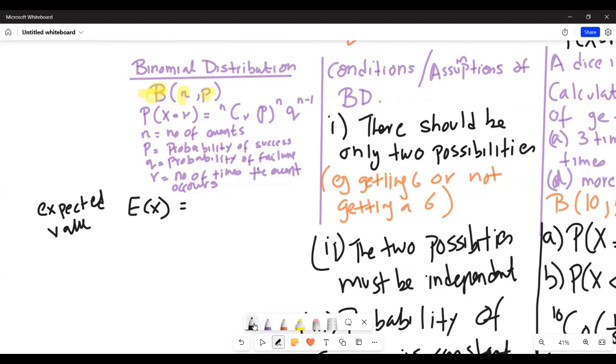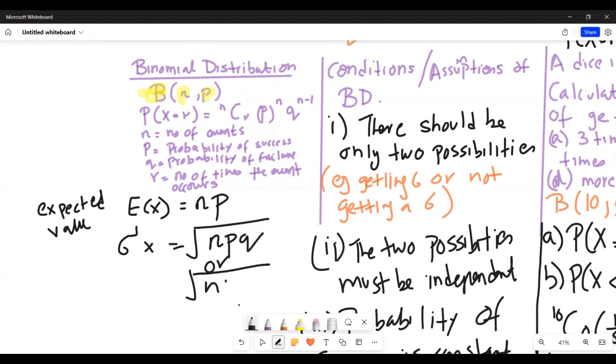And the formula for this is n times p. And the formula for standard deviation is square root npq, or can be also written as square root np(1 minus p), because q is 1 minus p.